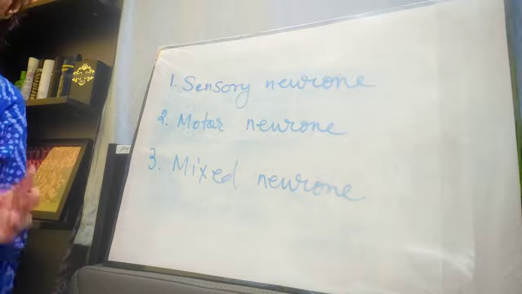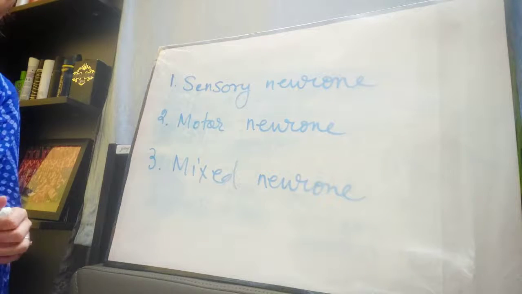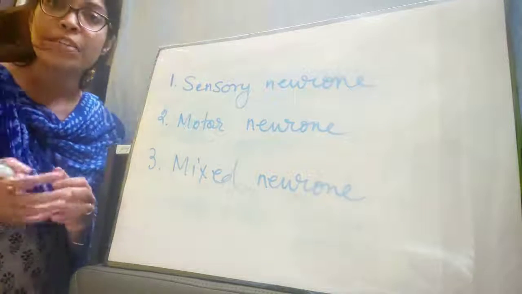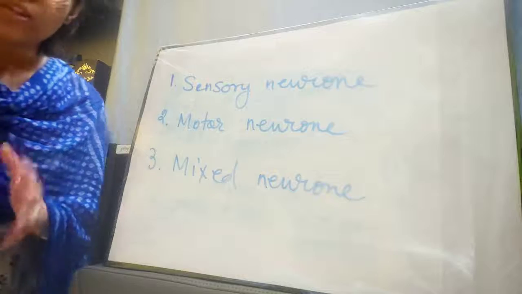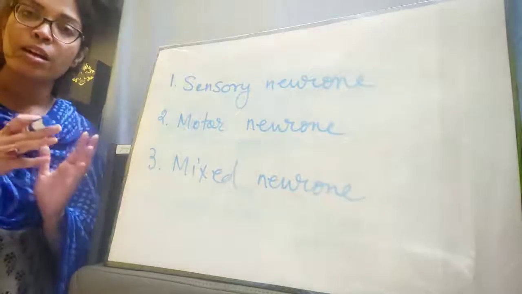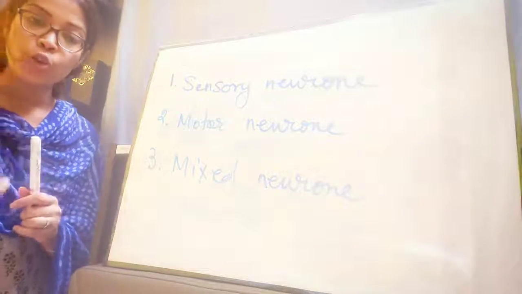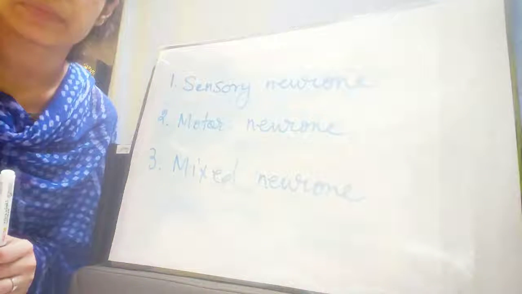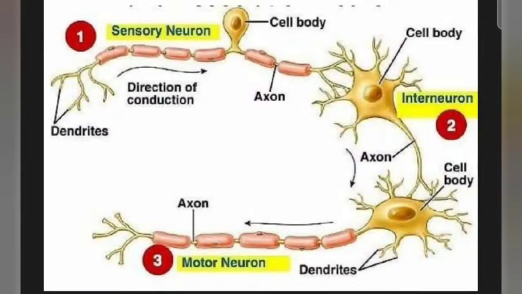Let's see how these three types of neurons function in different ways and based on what they have been differentiated. I'll show you a picture for that. As I told you, the three types of neurons are explained here according to the direction of the movement of the impulse.